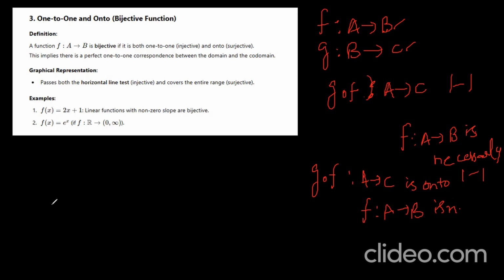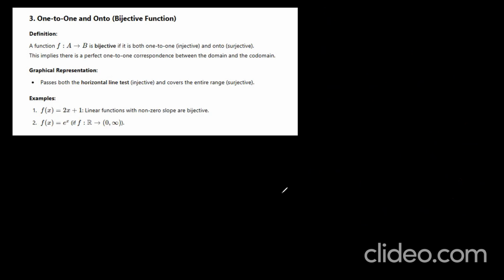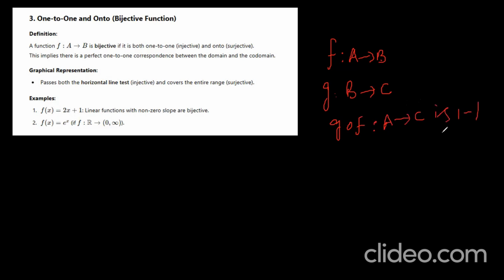These are the two main important points. And also one more thing: F maps A into B, G maps B into C, I am taking two functions. Then G circle F, A into C is 1 to 1.